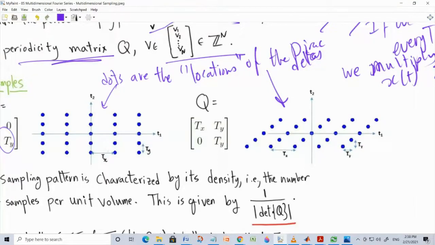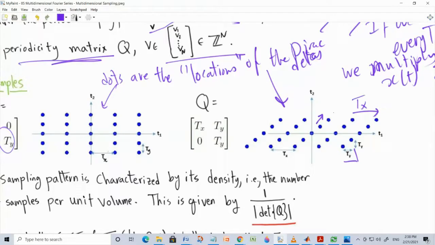It's like moving along oblique lines, and in that case the Q matrix will be Tx and 0. We have 2 vectors of periodicity. One of them is that you move here by Tx, and the other is that you move not orthogonally but obliquely like this, moving Ty horizontally and Ty vertically. So you can have a Q matrix that looks like this, and the pattern of your Dirac deltas will look like that.